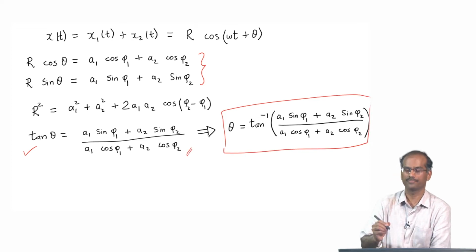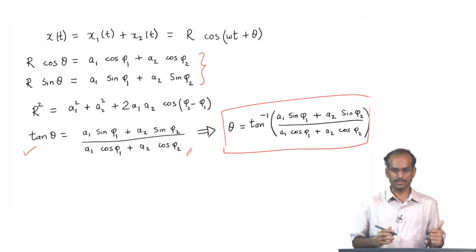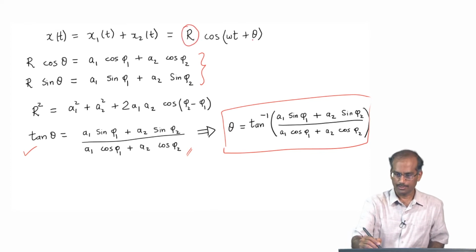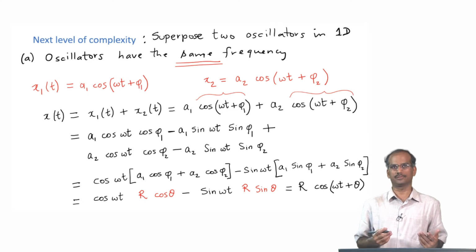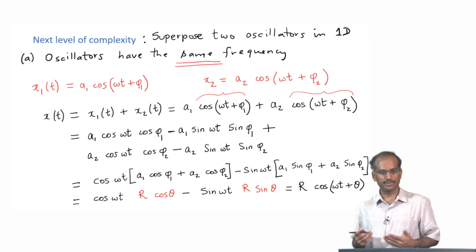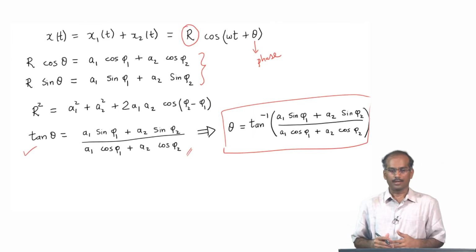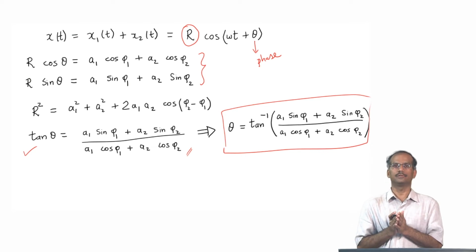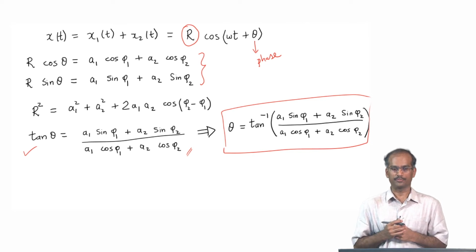So, now I have determined both r, the new amplitude, and the new phase theta in terms of the original amplitudes and phases A1, phi 1 and A2, phi 2.